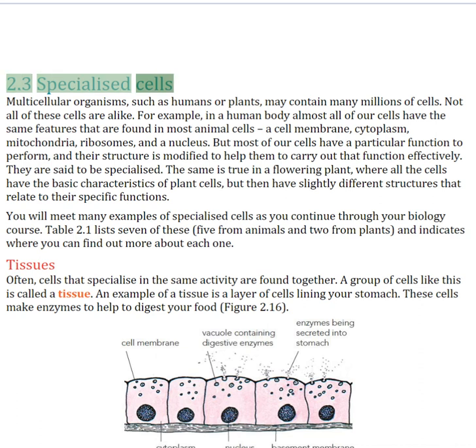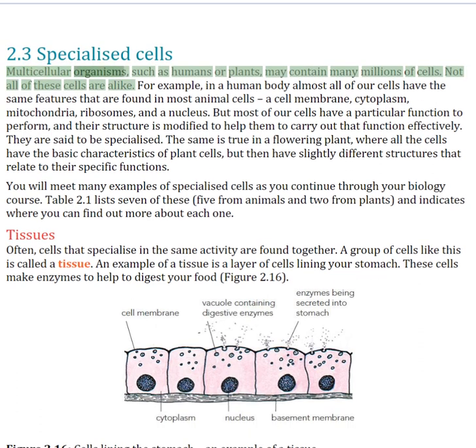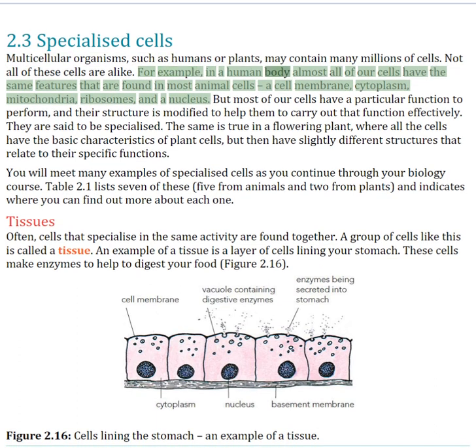2.3. Specialized cells. Multicellular organisms, such as humans or plants, may contain many millions of cells. Not all of these cells are alike. For example, in a human body almost all of our cells have the same features that are found in most animal cells: a cell membrane, cytoplasm, mitochondria, ribosomes, and a nucleus.